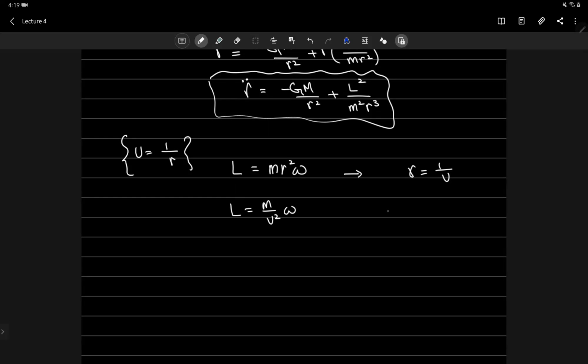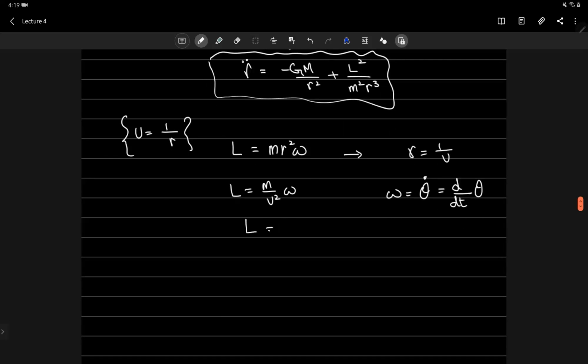Now, what is omega? Omega is simply the time rate of change of the angle, right? So that I can write down as theta dot. Again, this dot is just saying it is the single time derivative of theta, right? So then I can write this angular momentum as m over u squared theta dot.